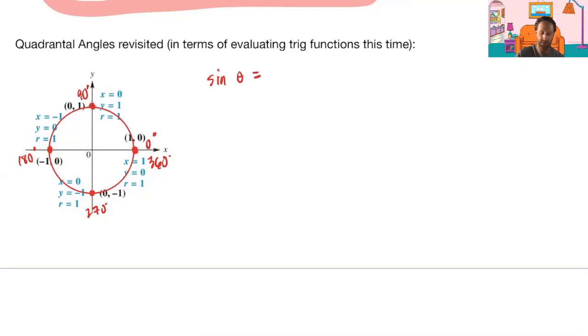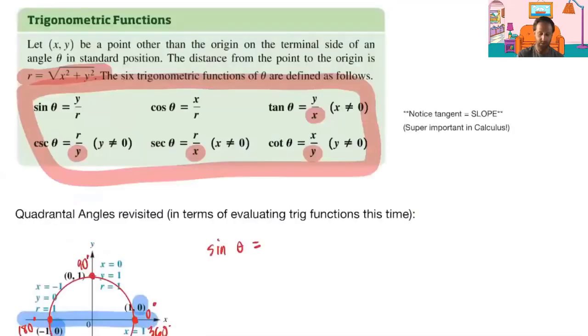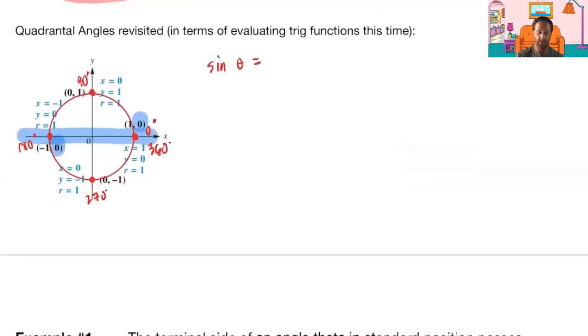And when we have a 0 involved, we have to be very, very careful, because here my y is 0, as is here, because we're along the x-axis. And when y is 0, we have issues. We have issues here for cosecant and cotangent. And we cannot divide by a 0.